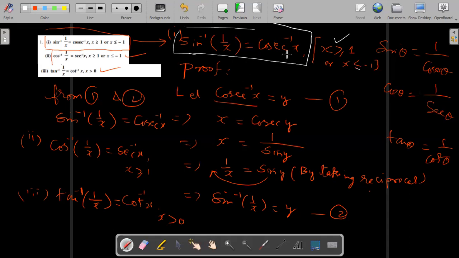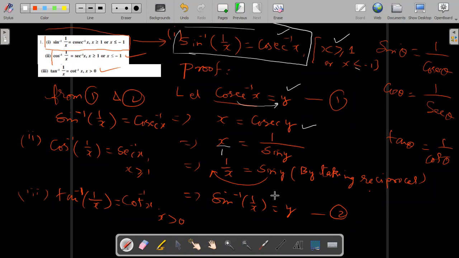I have proved this one also. We can take cosec inverse x as y, then x equals cosec y, and cosec y can be written as 1 upon sine y. Then taking reciprocal, 1 upon x will become sine y.